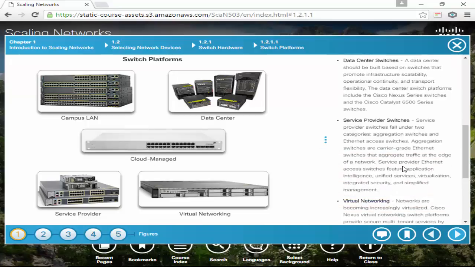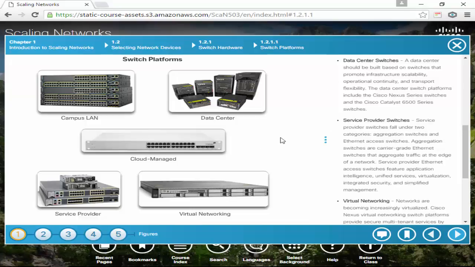Alright, service provider switches. Okay, so service provider switches fall under two categories: aggregation switches and Ethernet access switches. Aggregation switches are carrier-grade Ethernet switches that aggregate traffic at the edge of a network. Service provider Ethernet access switches feature application intelligence, unified services, virtualization, integration, security, and simplified management. Okay, what does that mean? Okay, so these are the switches that connect the internet. If you guys are wondering what they're trying to say there, that is all they're trying to say.